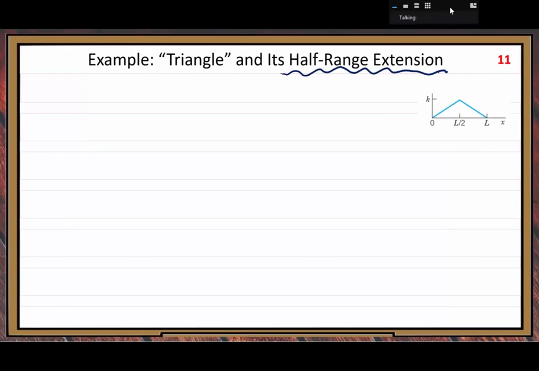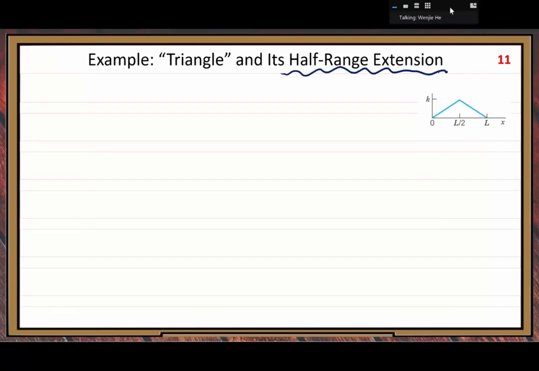But now, remember, when we expand this function in its Fourier series, we need to create a periodic function. This is not a periodic function.